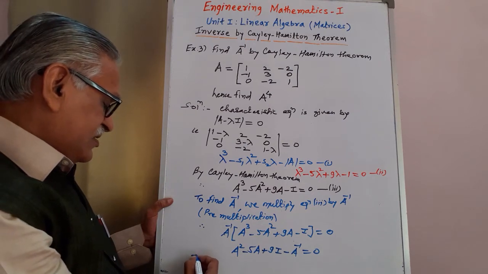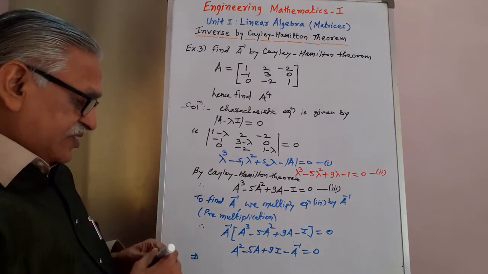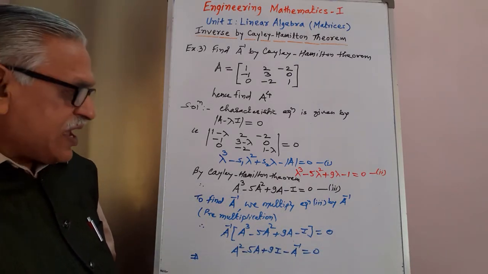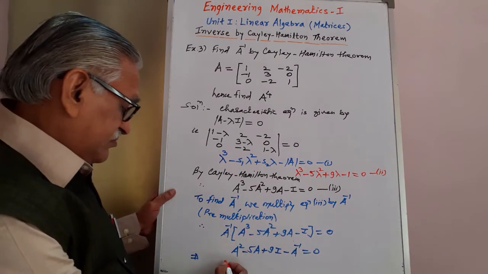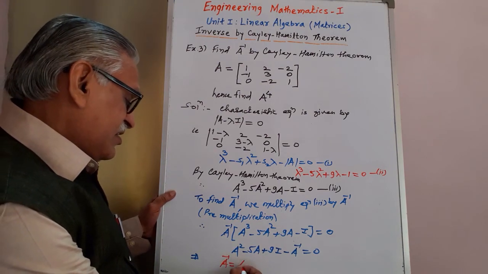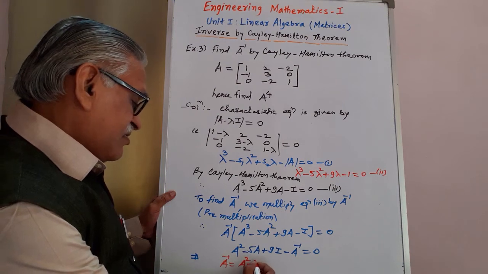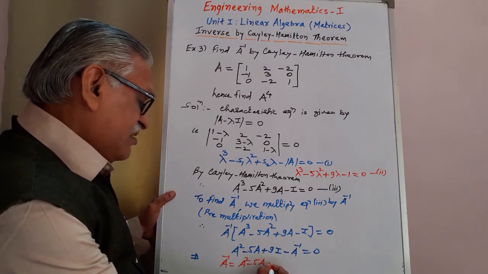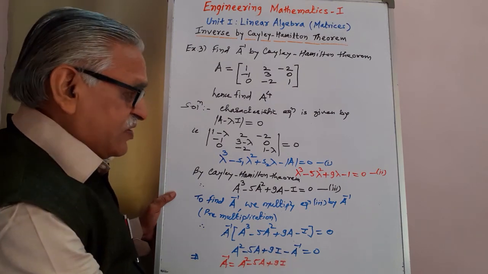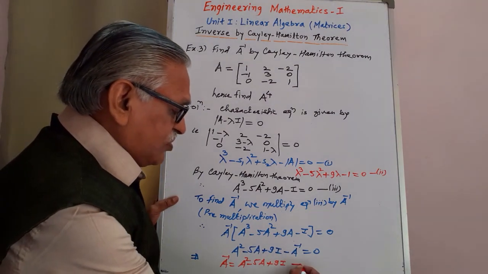It implies, transferring this to the other side, we get A inverse as A square minus 5A plus 9I, and we call this the equation number 4.